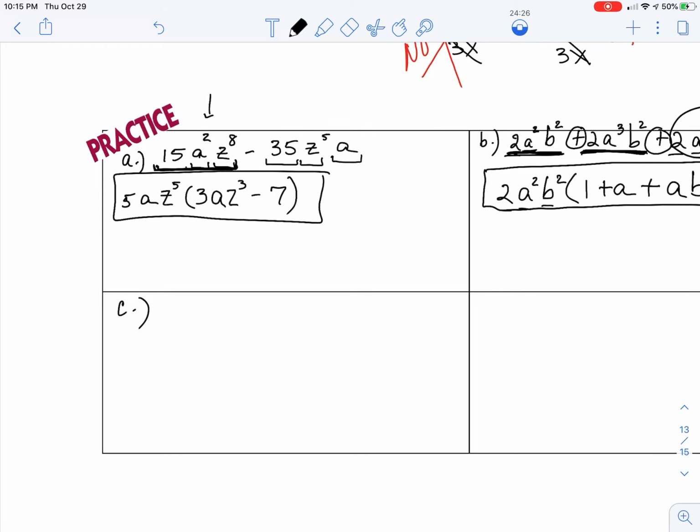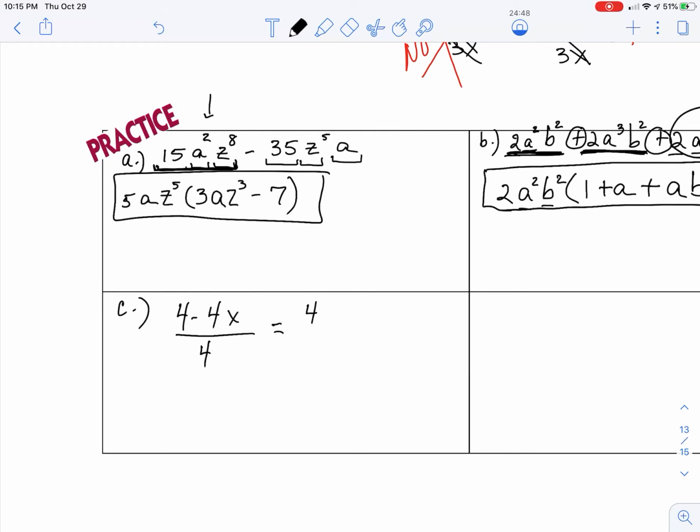Let's look at C. Letter C, we're going to use our greatest common factor in order to simplify, so we might have to cancel here, which would be nice, so we can make it a smaller, more simplified expression. All right, so I have 4 minus 4x over 4. Let's factor out the greatest common factor.